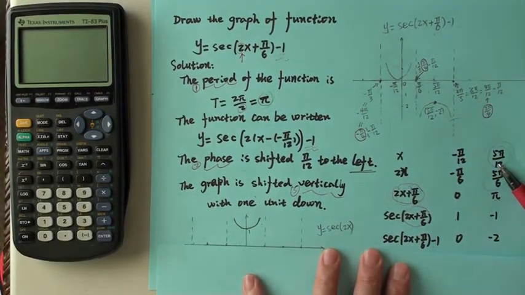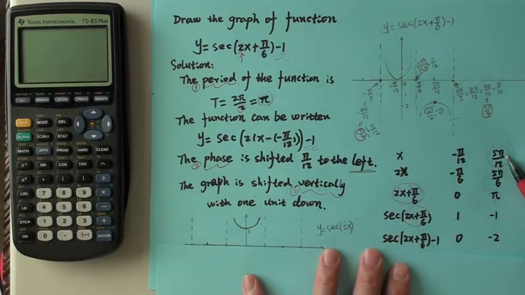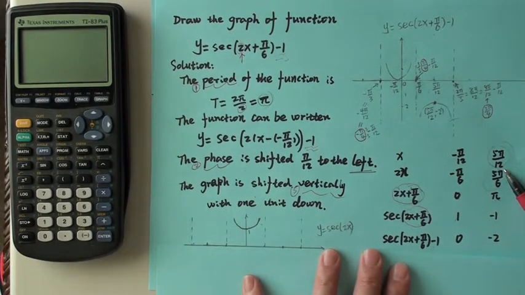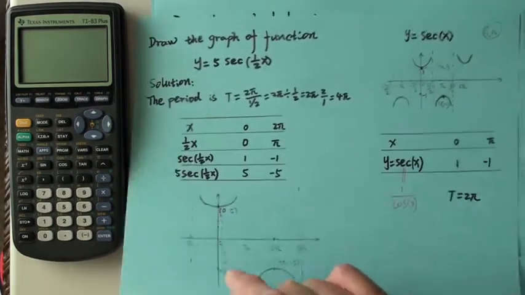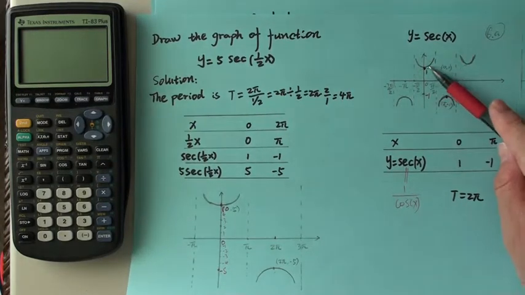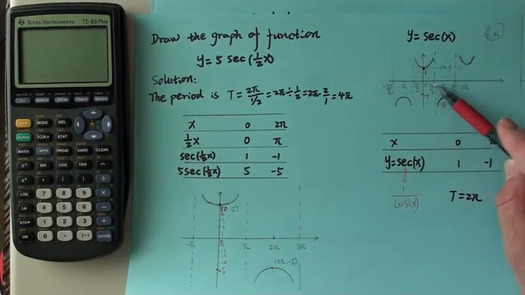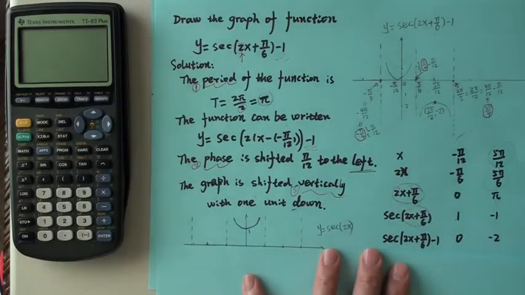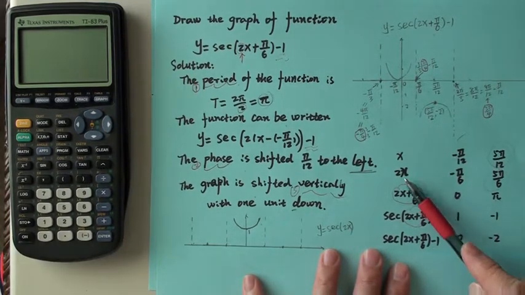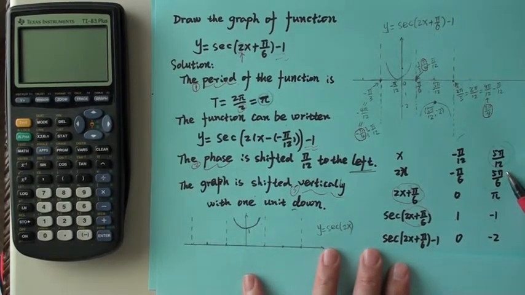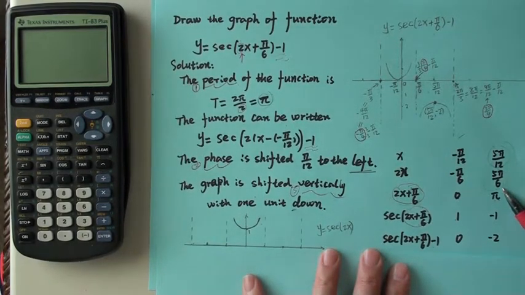Another typical value is 5 pi over 12. Previously we had 0 and pi as 2 typical values; now we have another 2 typical values, one is this one, another is 5 pi over 12. Why? 2 times 5 pi over 12 gives 5 pi over 6, so 2x equals 5 pi over 6.